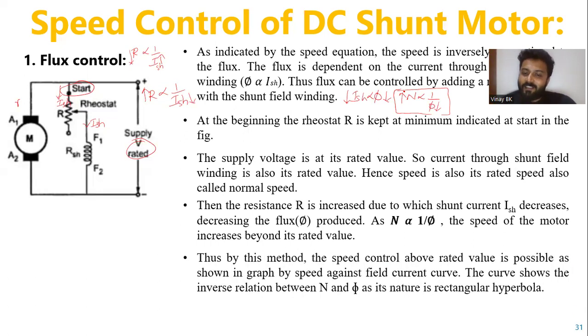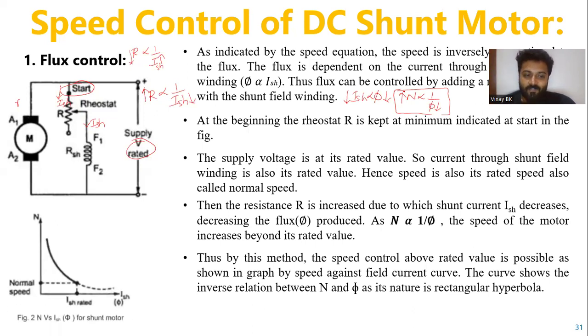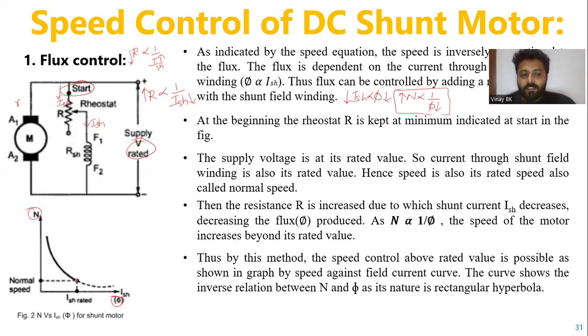Therefore, by this method, speed control above the rated value is possible, as you can see in this graph. If you plot a graph of speed versus flux, initially for the rated value of current, the speed is the rated speed, that is nothing but normal speed.